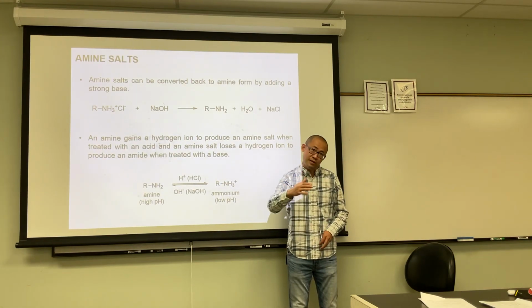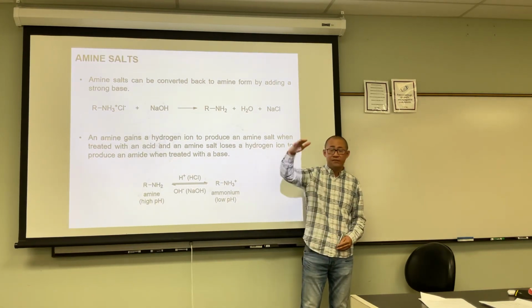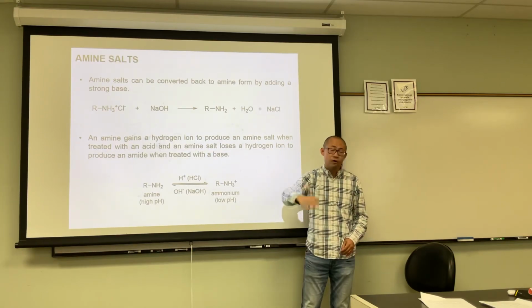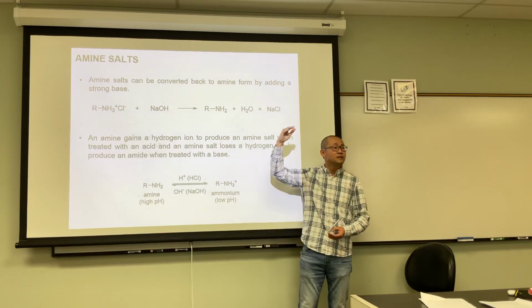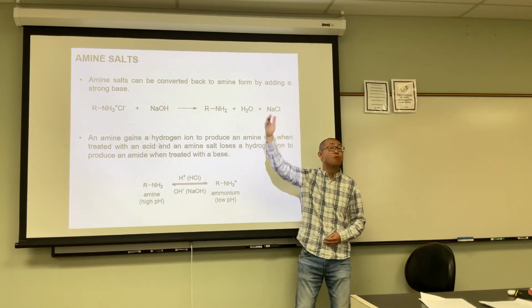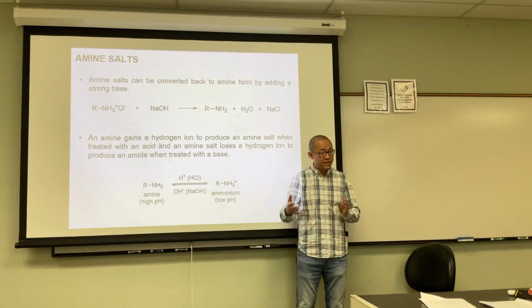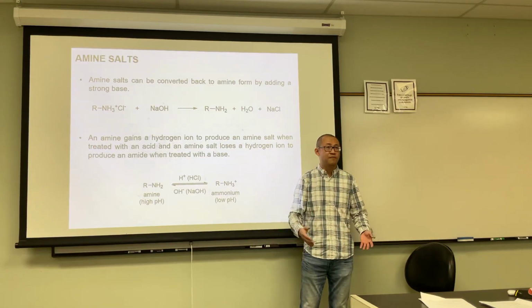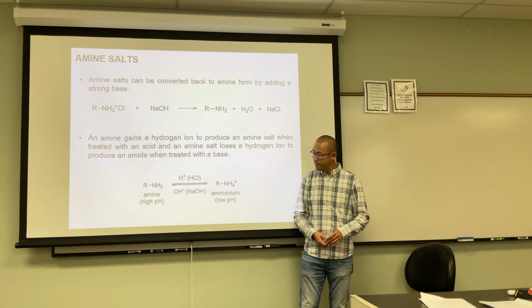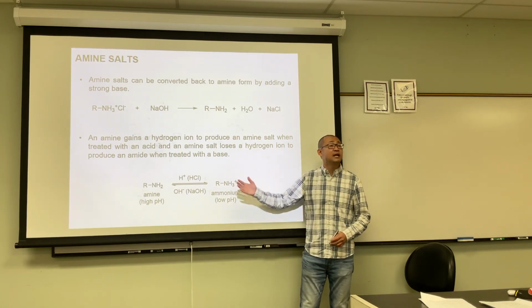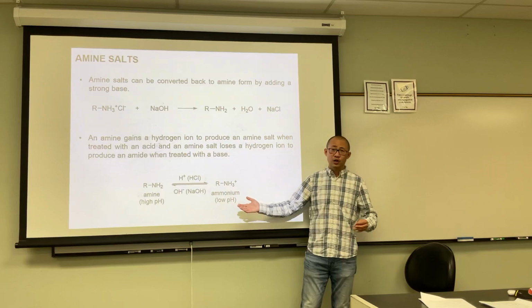What is pH? pH means acidity, right? 7 is neutral. Lower means acidic, more acid. Higher means basic. The higher, the more basic it is. The pH range is normally from 1 to 14.